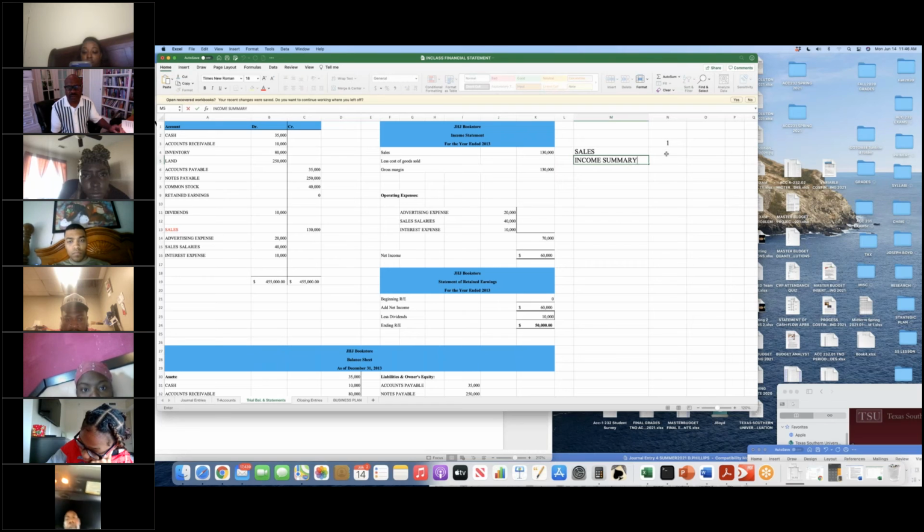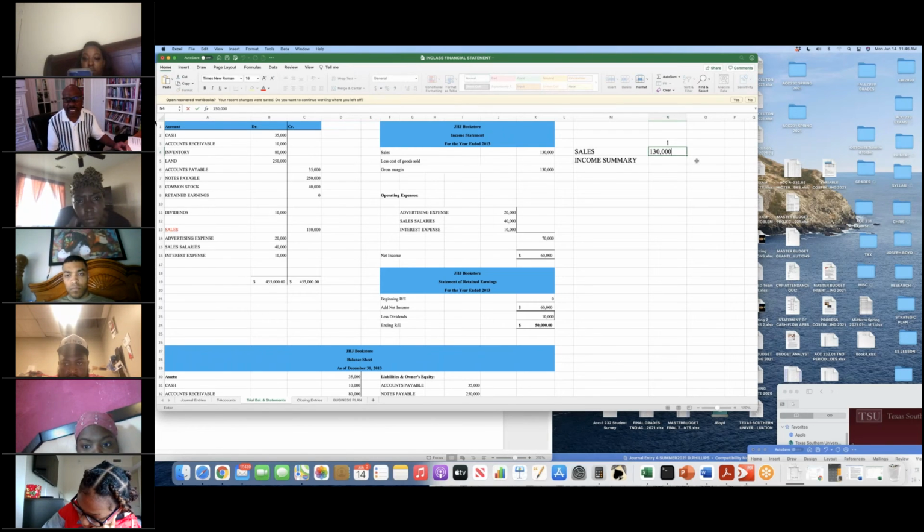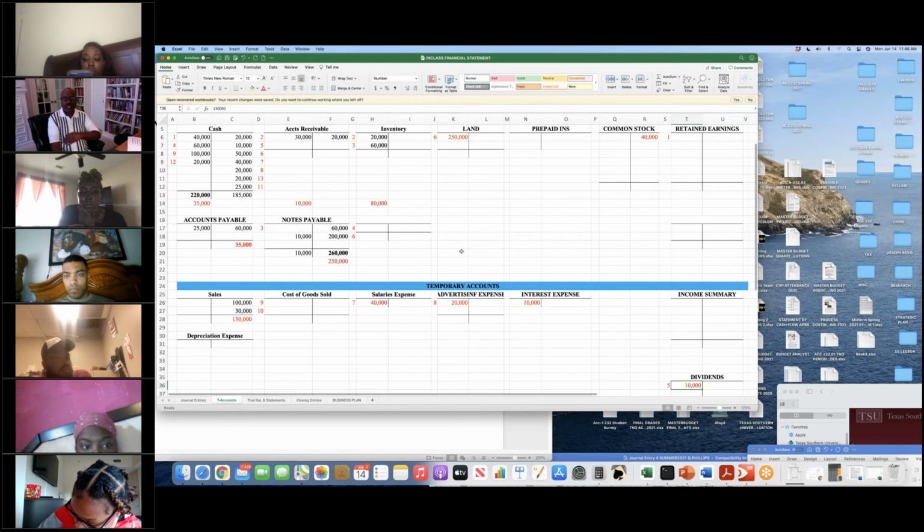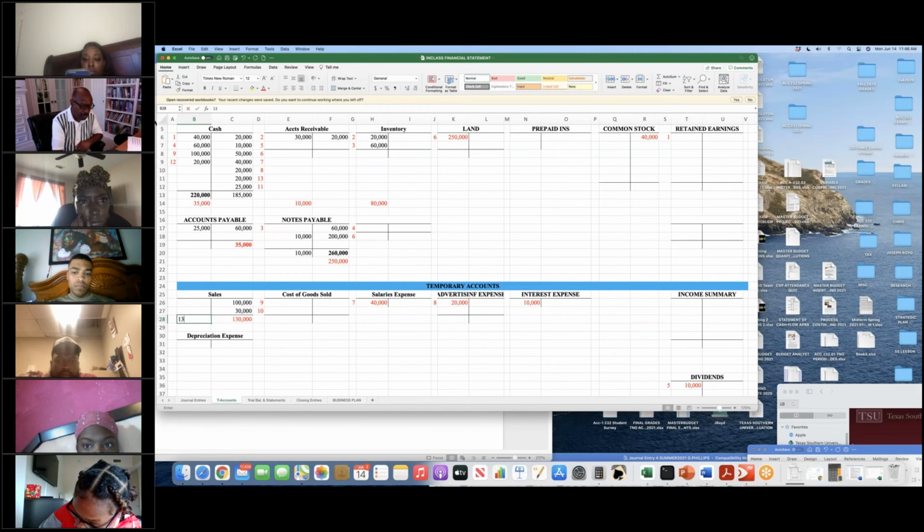So the first closing entry is always the sales debited, income summary credited, and then we post that to the ledger. So sales are debited, and now that account is zeroed out, and income summary is credited.